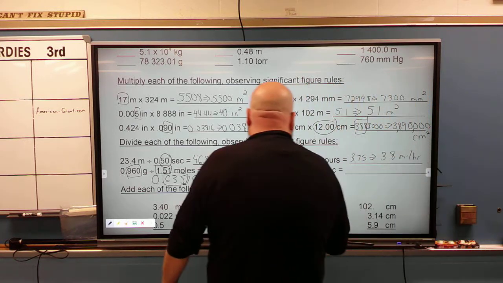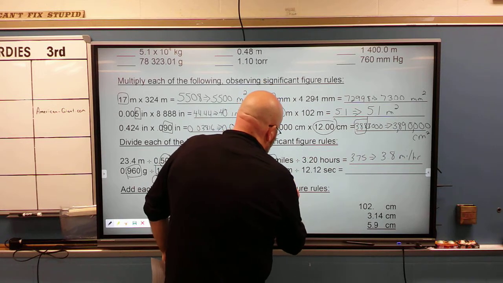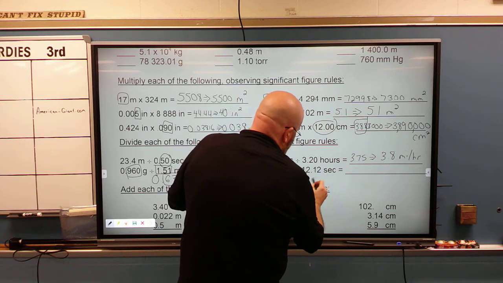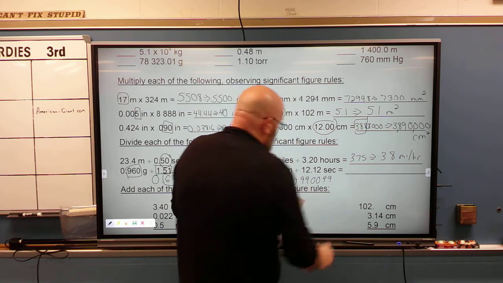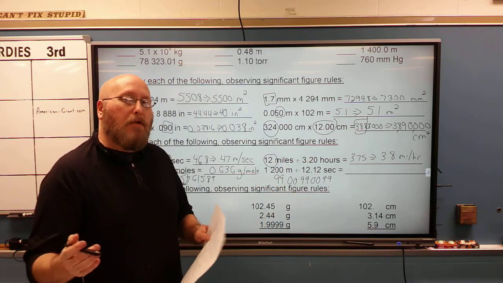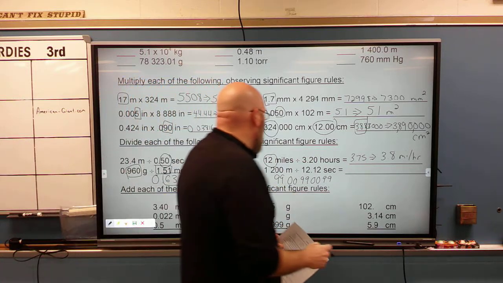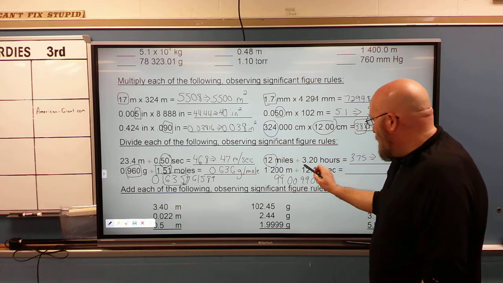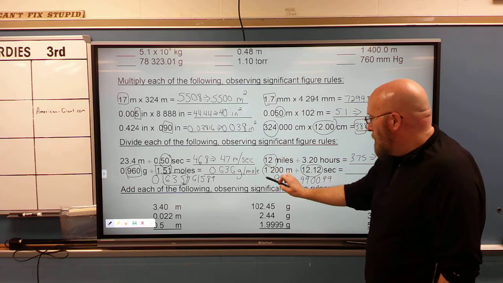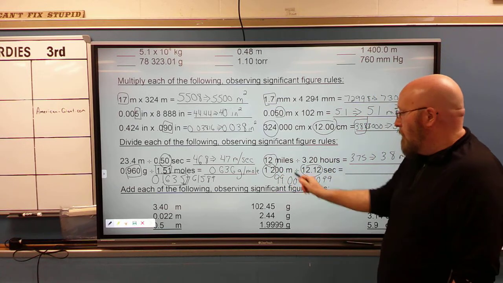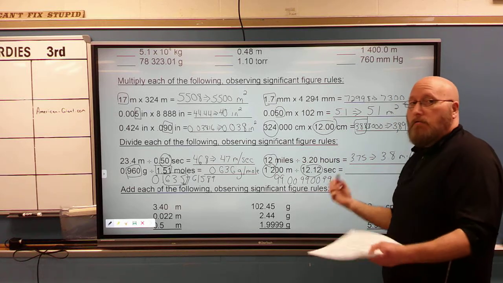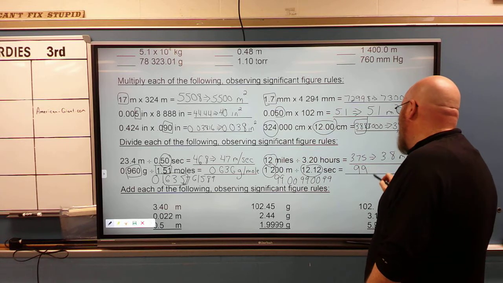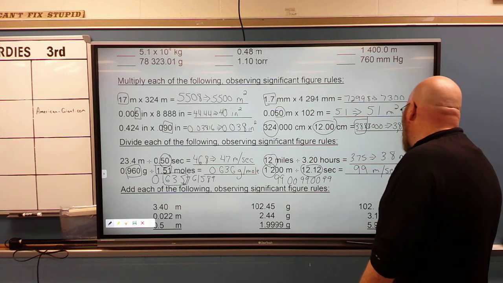This is what my calculator said: 99.00990099, and I'm imagining that goes on forever. You don't want all that anyway, but that's as far as my calculator would go. I've got 4 here, but only 2 here, because those 2 zeros don't count. So my answer has to be 2 sig figs. So 99 meters per second.